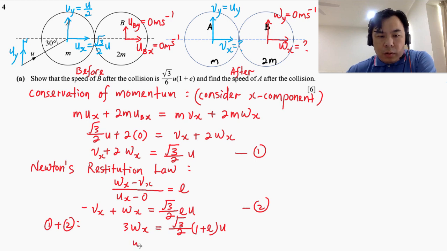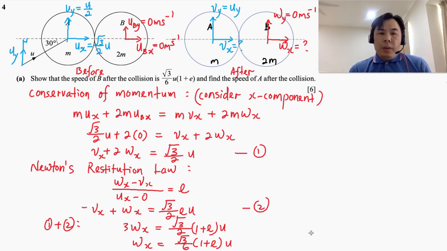And then of course from here, 6. Okay, now bear in mind that is not our answer. That is just the horizontal component of velocity of B after collision. After collision.